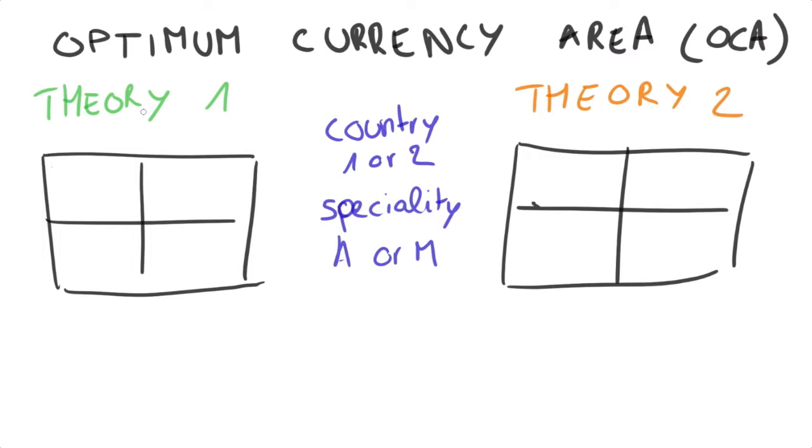To put that scenario into perspective, he gives two examples. So within the rectangles, each square represents one area. This area can either be part of country 1 or country 2, and it can either be specialized in agriculture, that's A, or in manufacturing, that's M. So the top squares are going to be part of country 1, and the bottom squares are going to be areas from country 2.